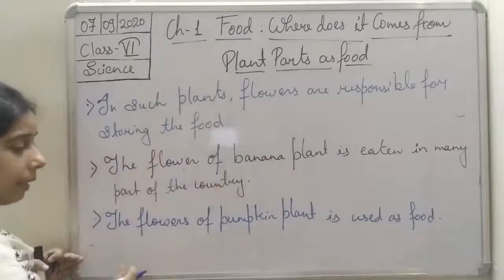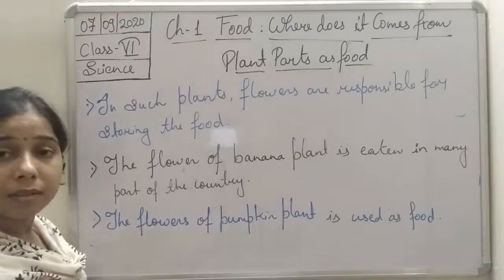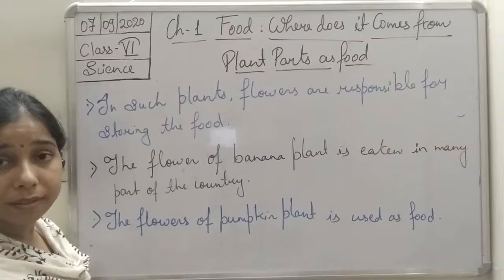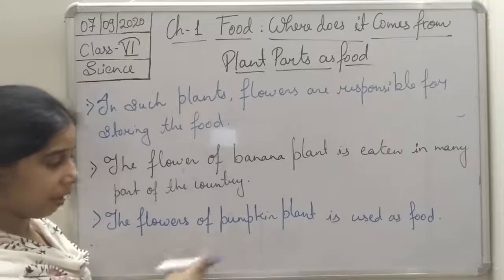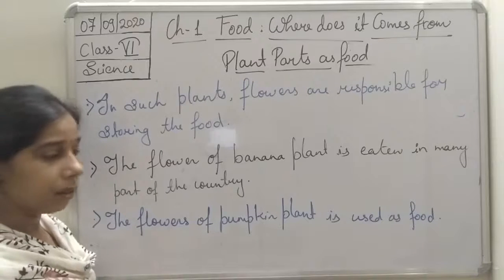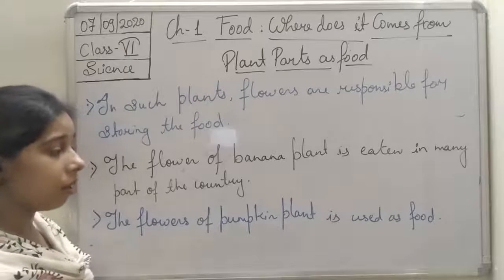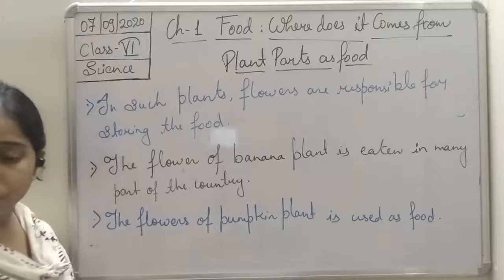Basically, what happens in case of a pumpkin plant, the flowers of the pumpkin plant are mixed with the paste of the rice and cooked, boiled and then cooked, and finally it is eaten as a food. Okay, so the flower of the pumpkin plant is also used as a food.